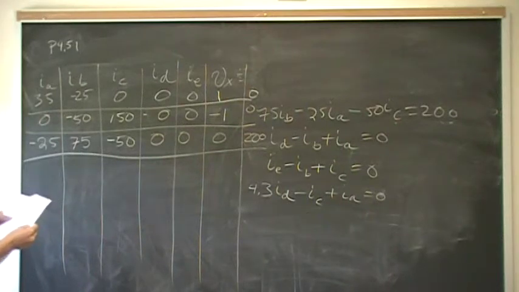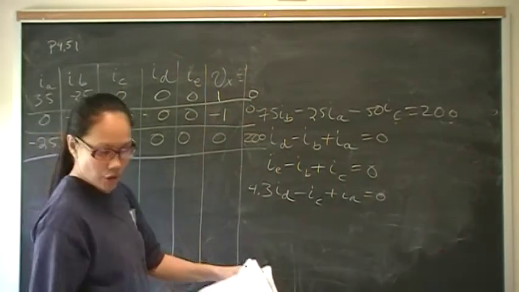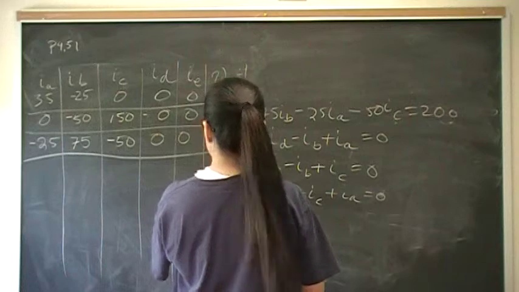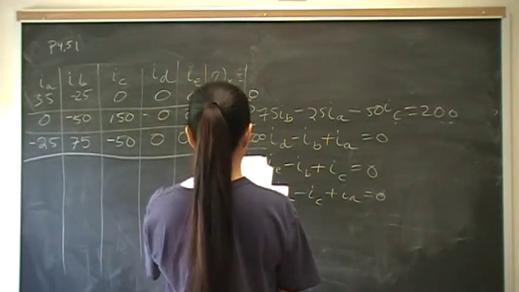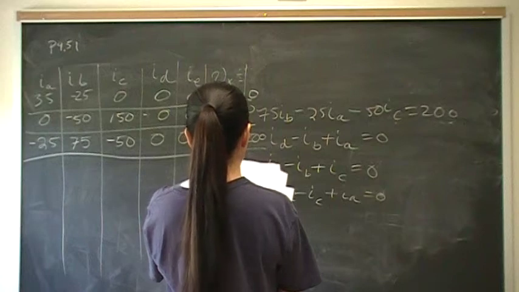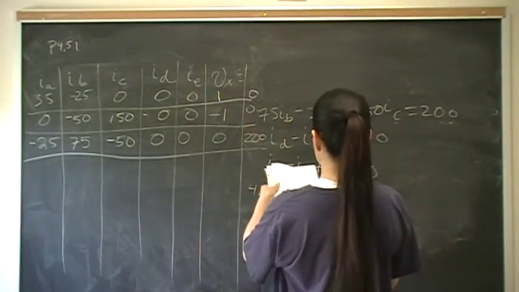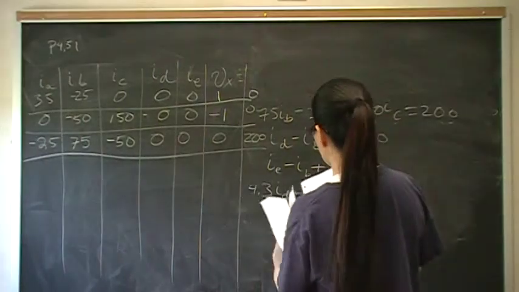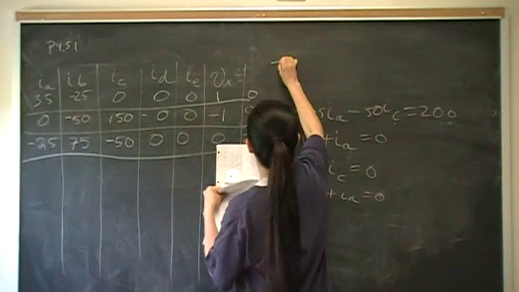Okay, so apparently I have a typo here somewhere too, because I didn't come up with the right answer. So let's just rework. So this must have been mesh at IB. So I have some kind of mistake on my mesh at IB equation. So let's just rewrite it.